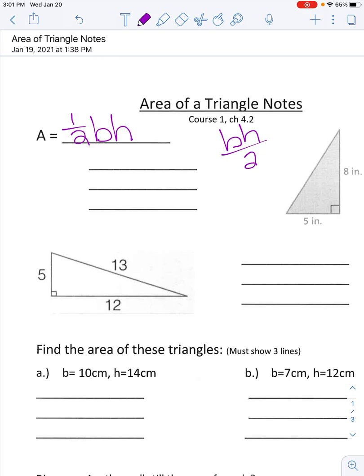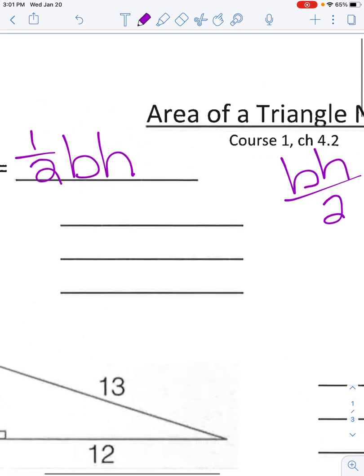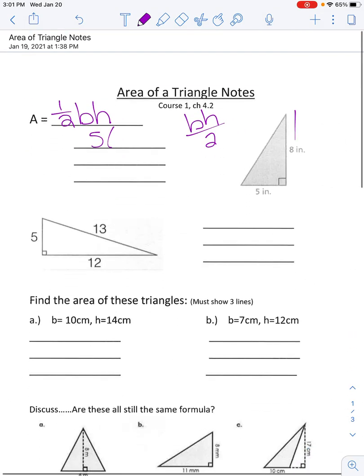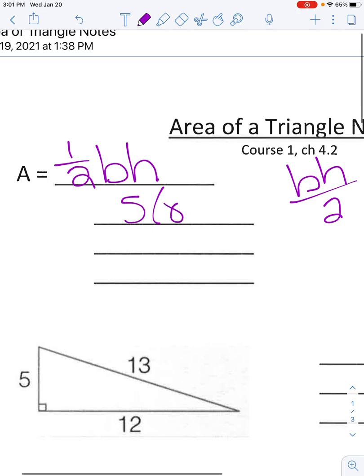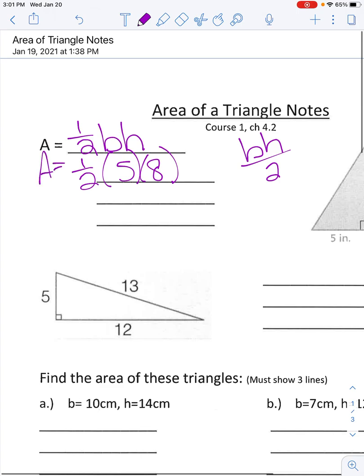Okay, so on this first one, if you look at the triangle, the base, what it is sitting on, is 5 inches. The height, straight up and down, do not use diagonals, is 8. We can go ahead and substitute in for the rest here.